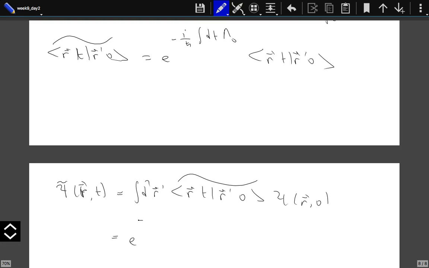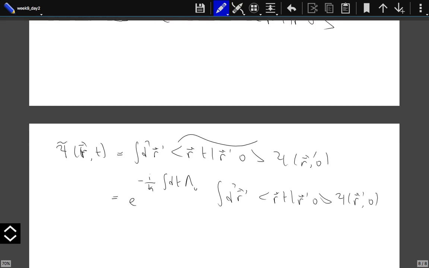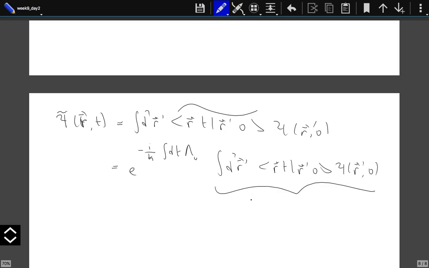So this is equal to e to the minus i over h bar integral dt lambda 0, times the integral d cubed r prime, R_t of r, r prime 0, psi of r prime 0. But this is the wave function at time t if the potential was not shifted.